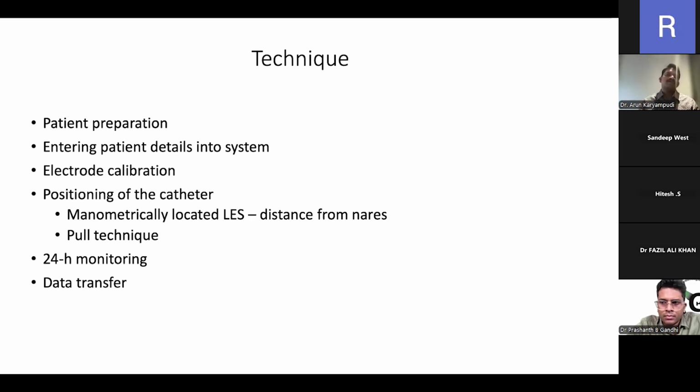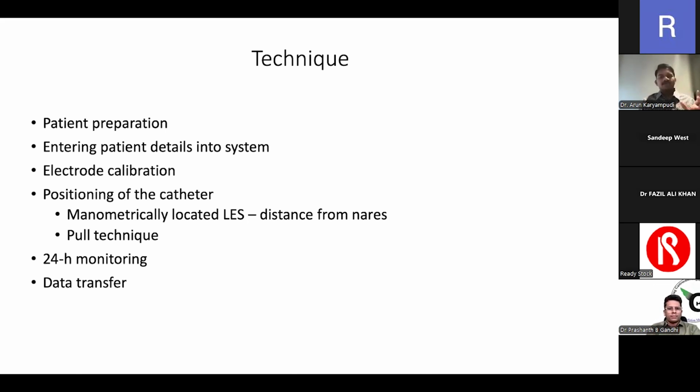Try to place the probe in the morning, fasting, maybe at around before 10 a.m. First thing that you do is you need to enter the patient details into the software that's provided by your pH system, and you need to log in with all the data and save the data into the memory card, and remove the memory card, and then you transfer it to the pH recorder.